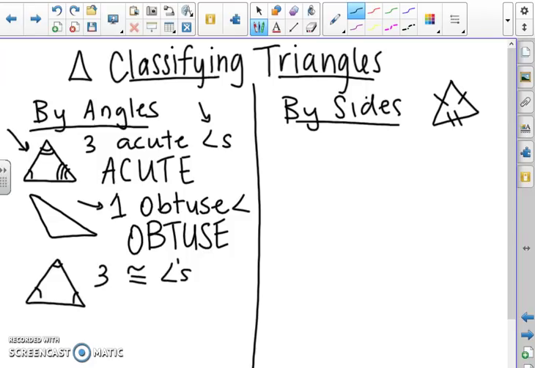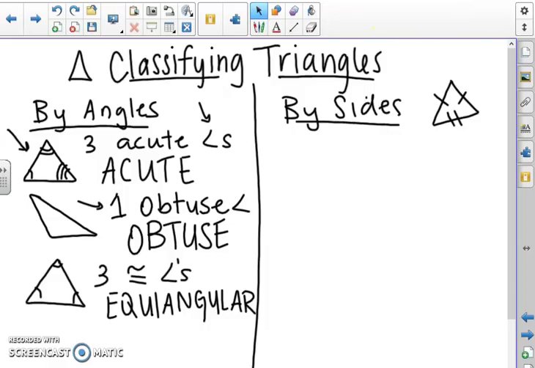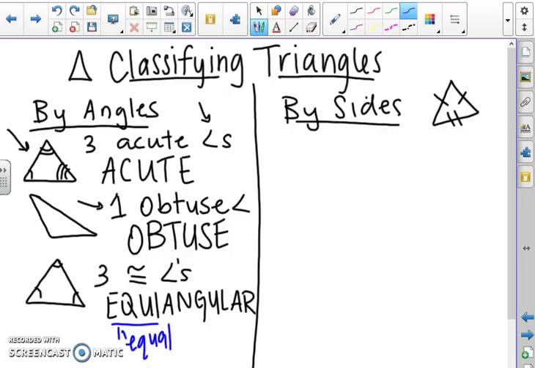And we're going to call this type of triangle equiangular. Equiangular. So if we look at that word, I know it's kind of a strange word, but if we break it down, equi is kind of like equal, and angular is like angle. So that's where that comes from, equiangular.